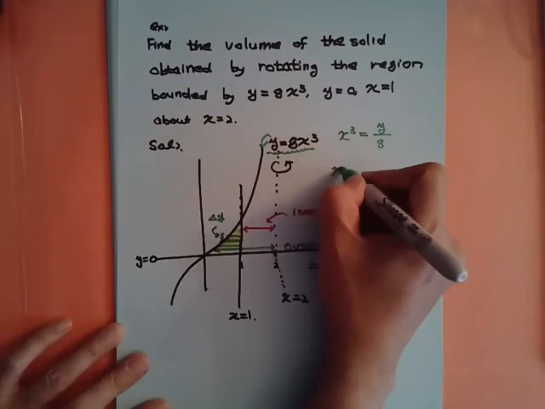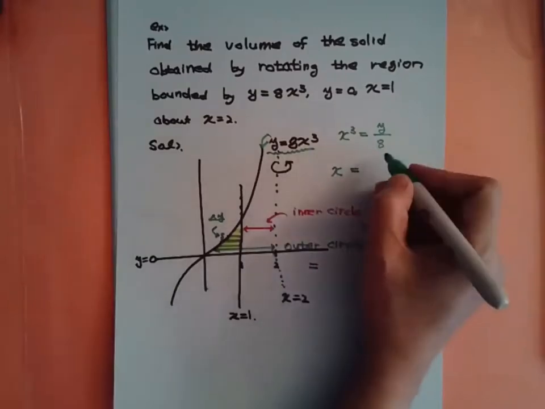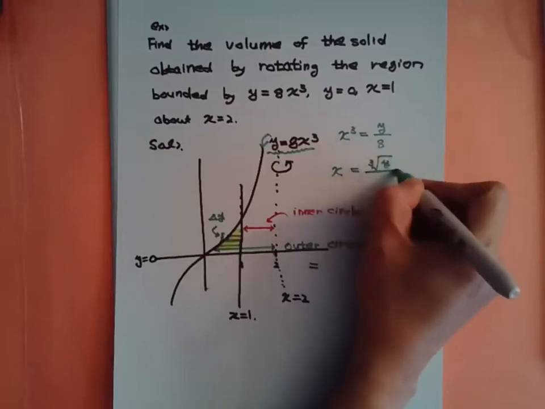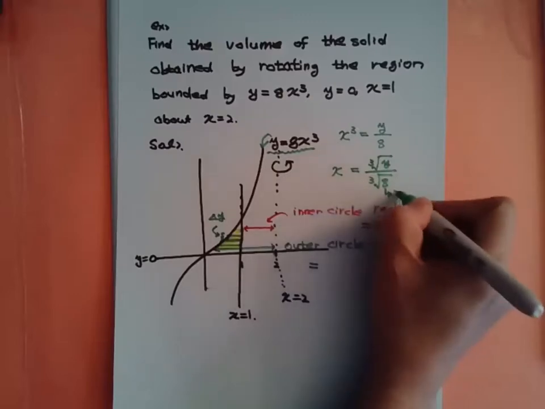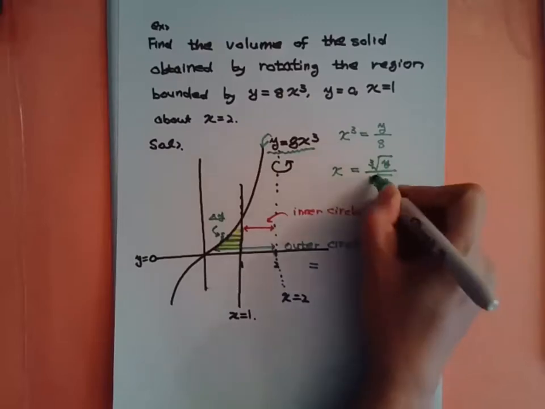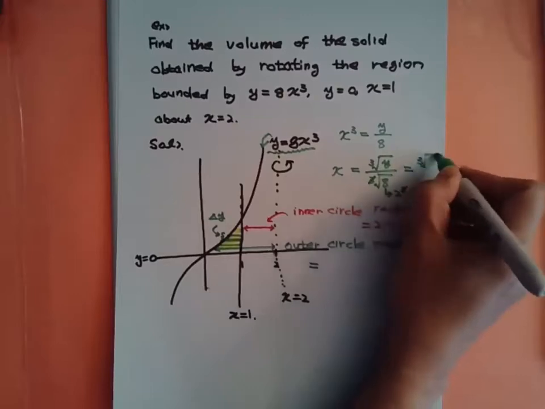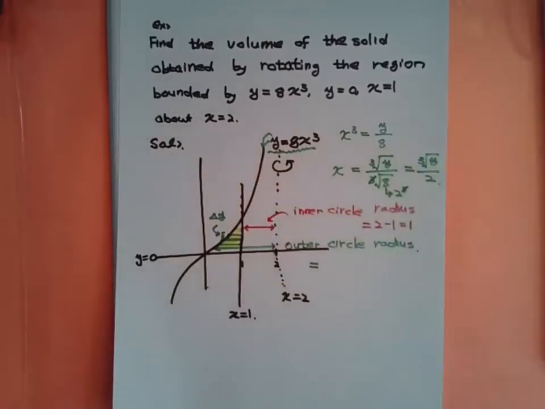And when we take the 1/3 power on both sides, it'll be cube root of y over cube root of 8. 8 is 2 cubed, so these two cancel each other. So we have cube root of y over 2. Right?